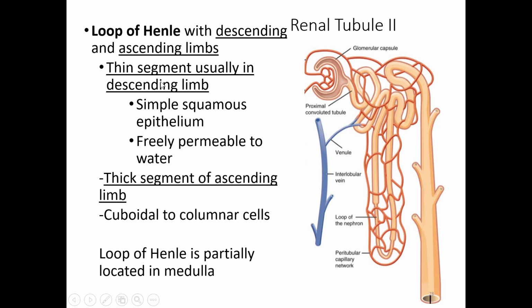So the thin segment right here, usually in the medulla, is lined with simple squamous epithelium and freely permeable to water. That thick segment going up right here is lined either by cuboidal or columnar cells.